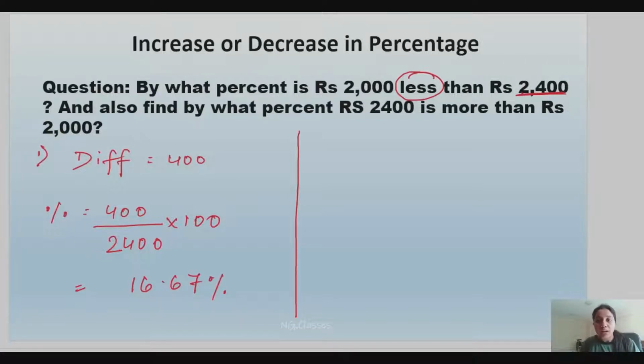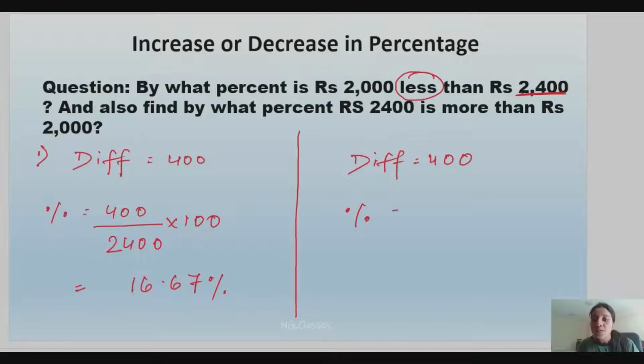Now we'll find the more percent. For more percent also, at first we need to find the difference between the two. It will be 400 only, because we are having the same numbers. Now percentage we need to find, but here we need to find the more percent.